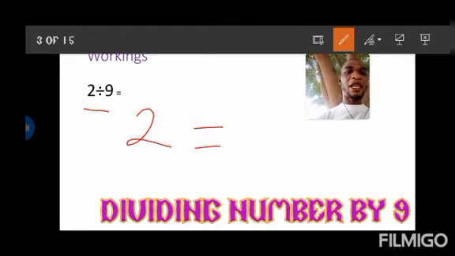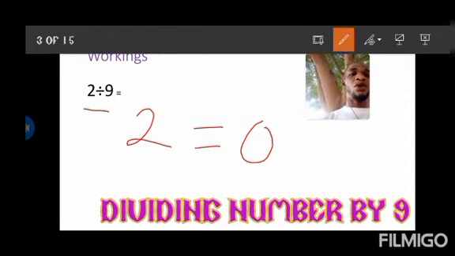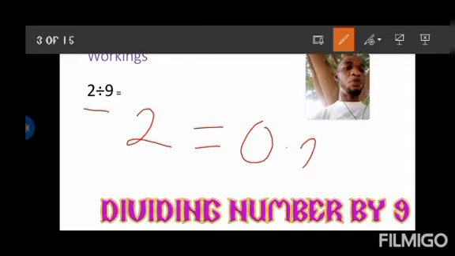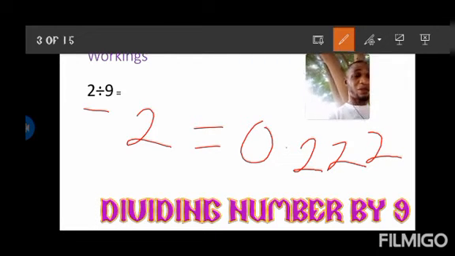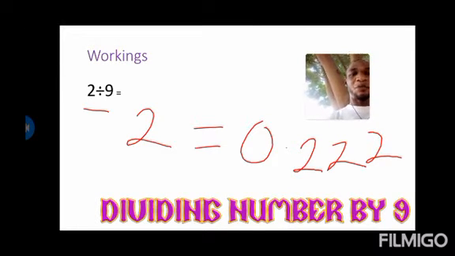So how many times can 9 go into 2? It's going to be 0, remainder 2. So you put your point, then you repeat the 2, 2, 2, 2. It's a continuous process. I believe you got that. It's very important stuff, and it's as simple as that.